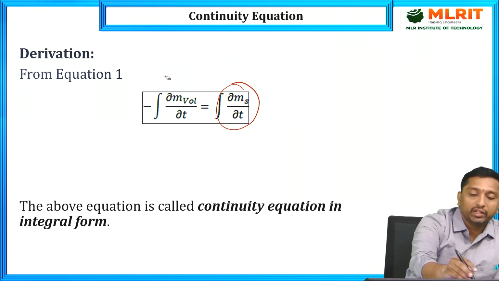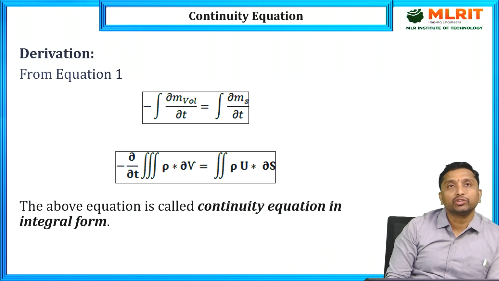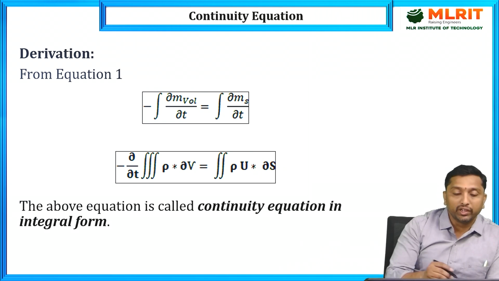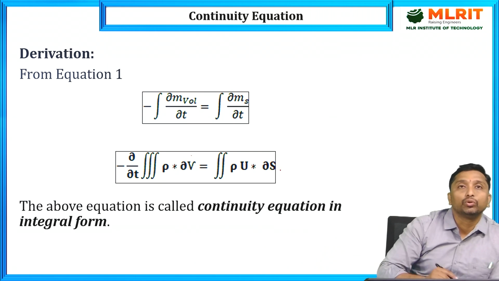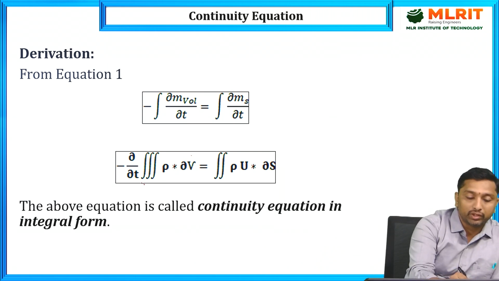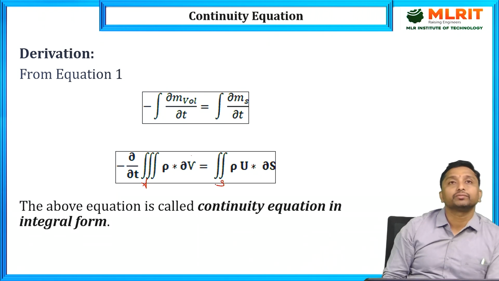So this can be written as minus ∂/∂t of the triple integral of ρ dV equals the surface integral of ρu·dS. So this will be the volumetric integral and this will be the surface integral.